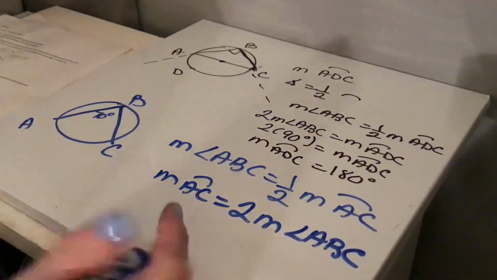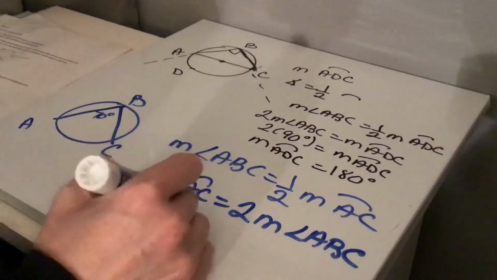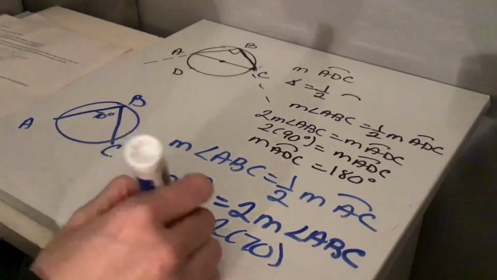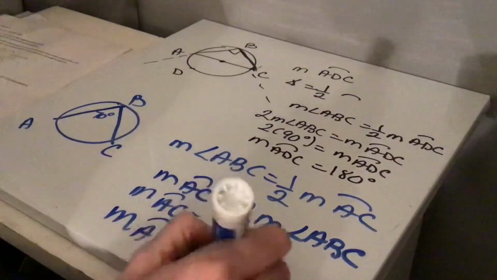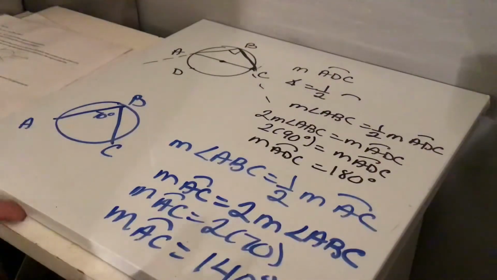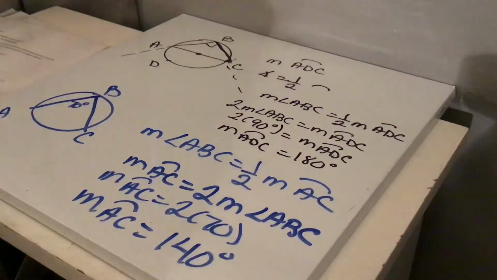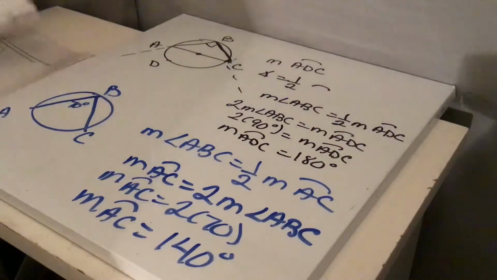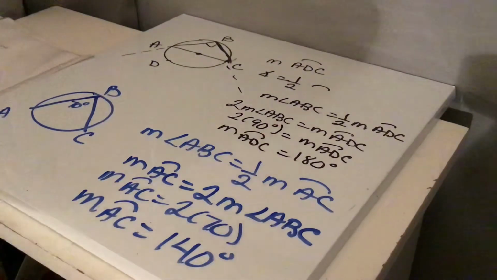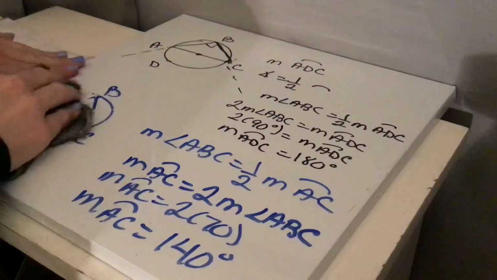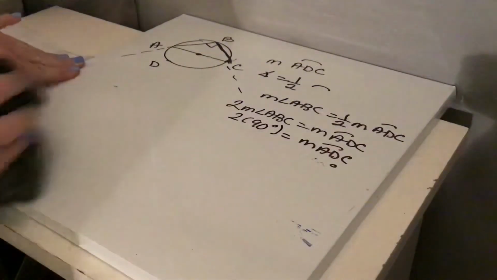You're told the angle is 70 degrees, so the measure of the arc is twice that, which is 140 degrees. Okay? Intercepted arc, right? Inscribed angle is half of the arc. So if you know the arc, to get the angle, you divide by 2.